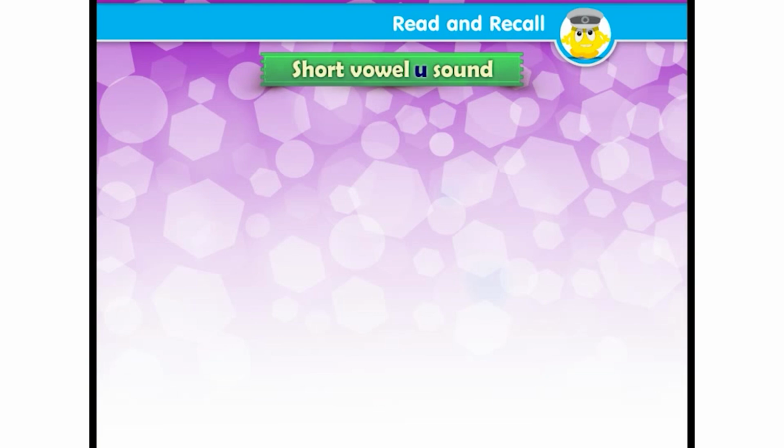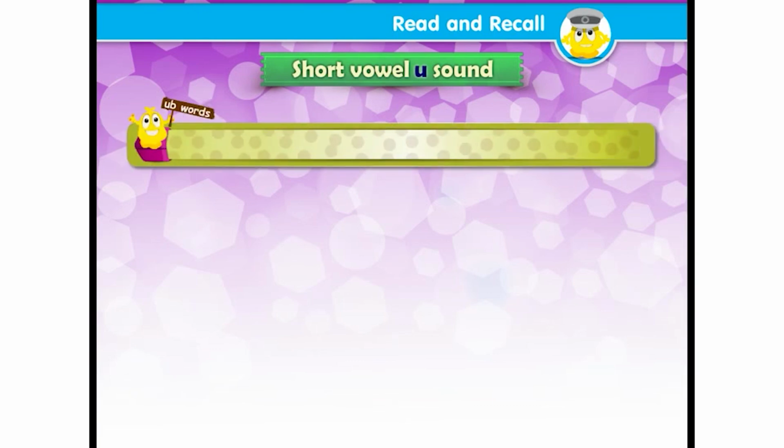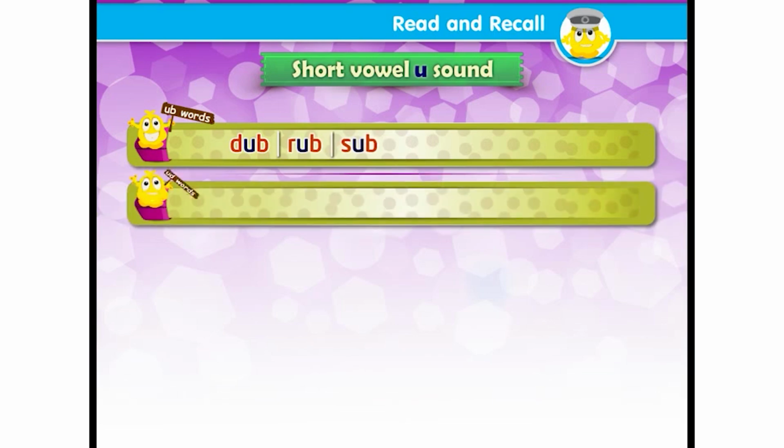Now let's recall words with short vowel U sound. Ub words: dub, rub, sub. Ud words: bud, mud.